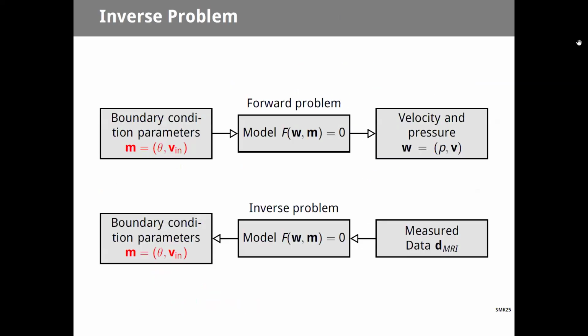You know the forward problem: given the parameters, you solve for the velocity and pressure. And you want to do the inverse problem: make your solution as close as possible to measured data and find such control parameters that this is satisfied in some sense.